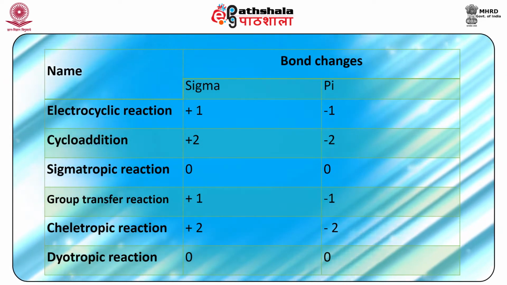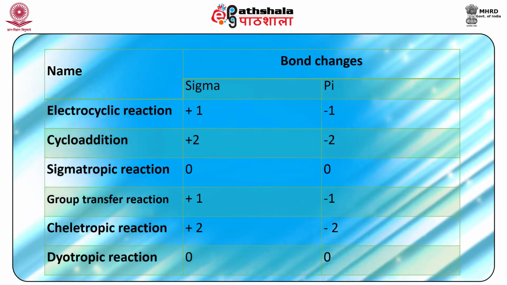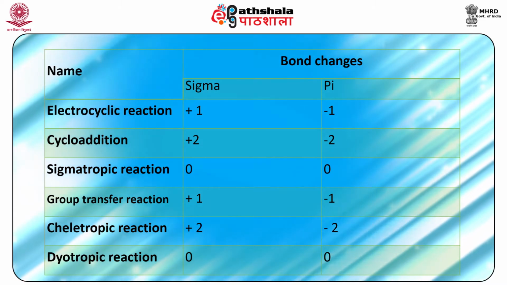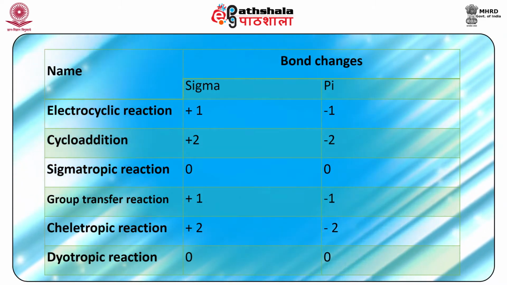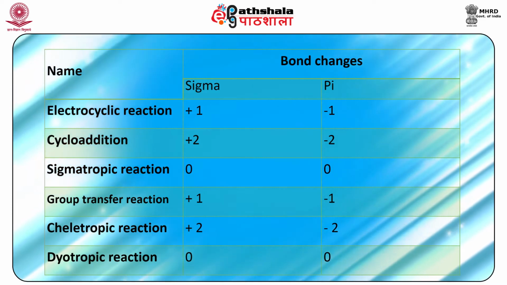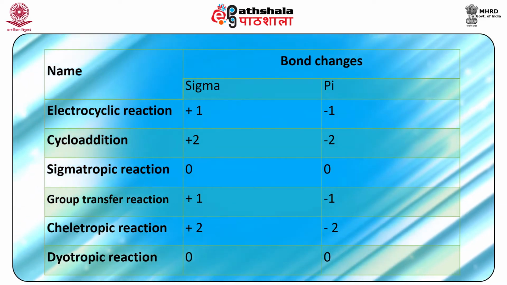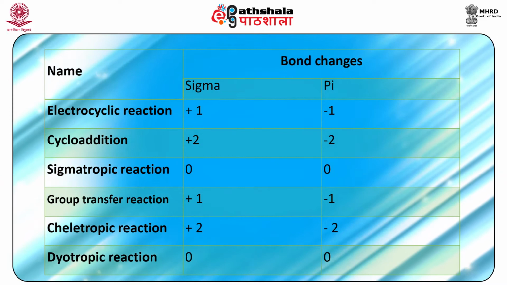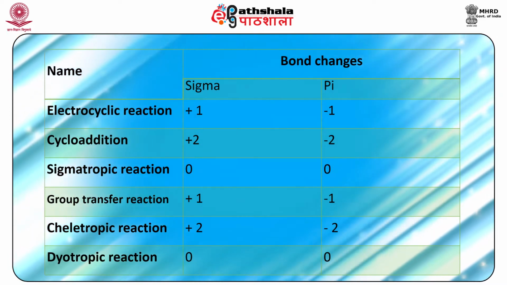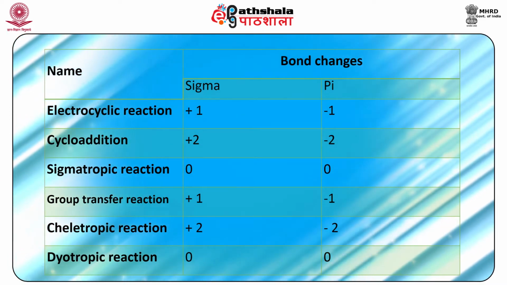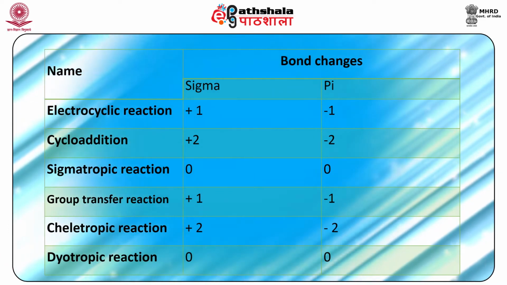Group transfer reactions show a change of +1 in sigma and -1 in pi. Cheletropic reaction shows a +2 in sigma and a -2 in pi bonds. And dyotropic reactions again show no change in sigma or pi bonds.